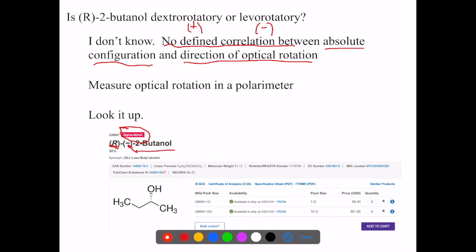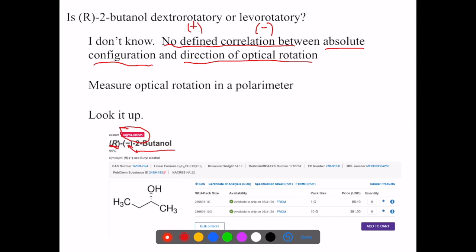In this case, R, absolute configuration, is levorotatory. It rotates plane polarized light in the counterclockwise direction. The thing to remember is that there is no correlation between these designations.